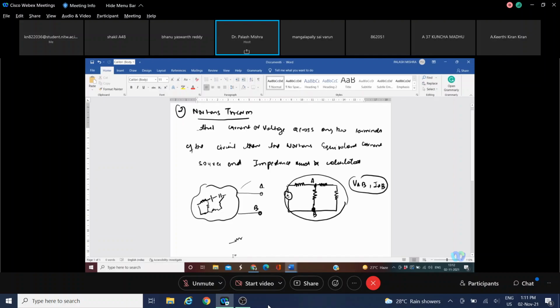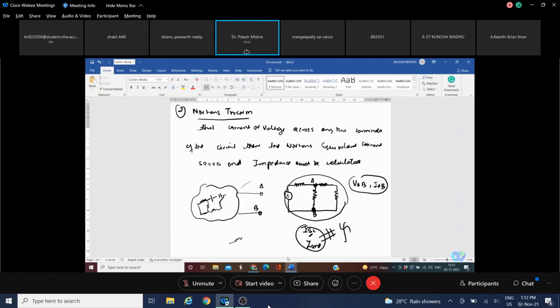So for application of Norton's theorem, you have to calculate two quantities. One is the short circuit current and the other is the Thevenin's equivalent across the two terminals. These two have to be calculated for finding the Norton's equivalent circuit.